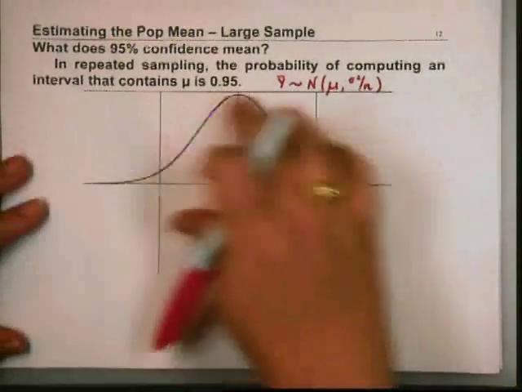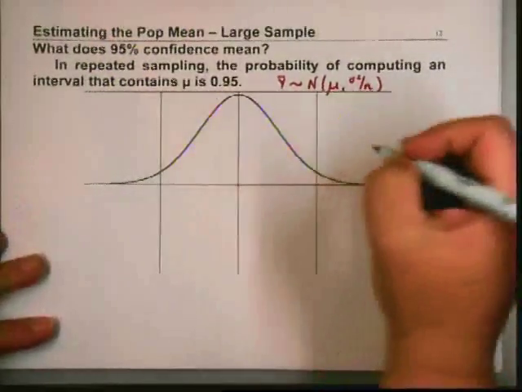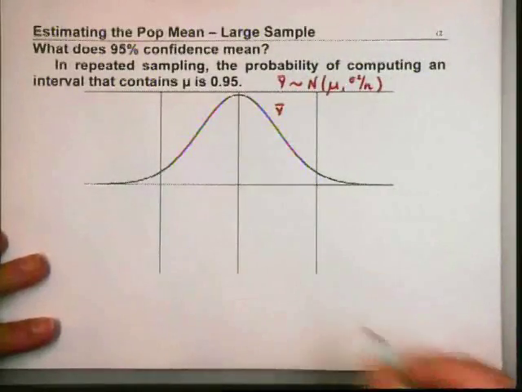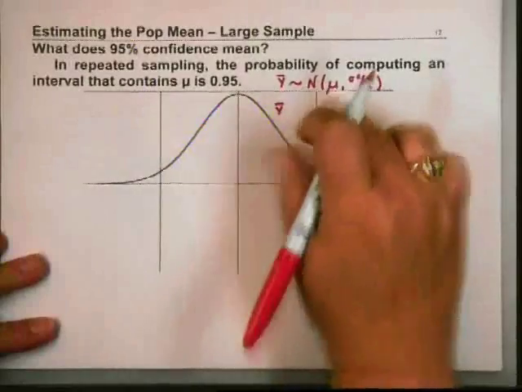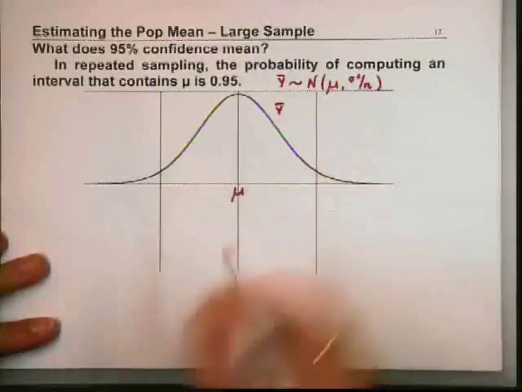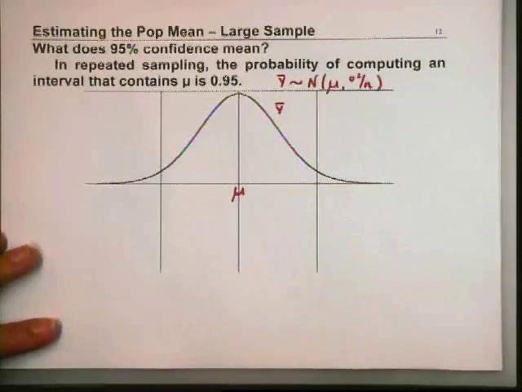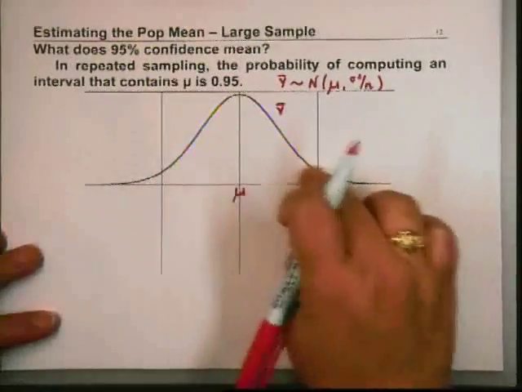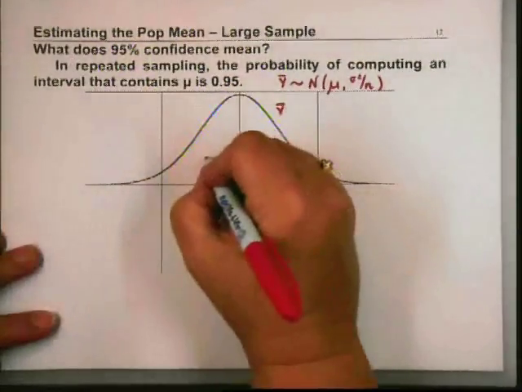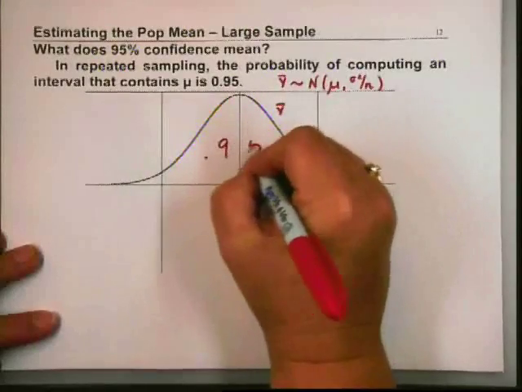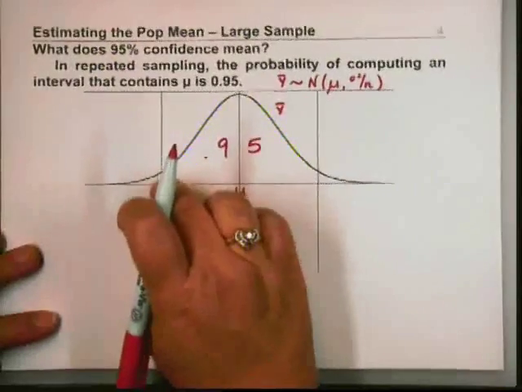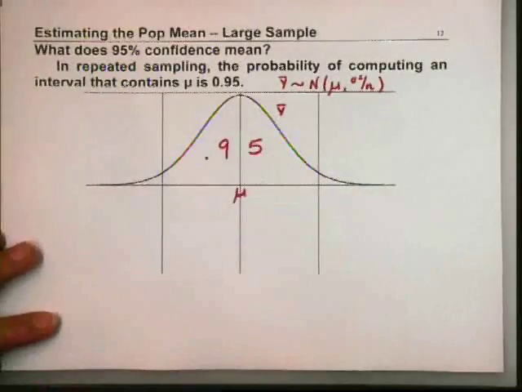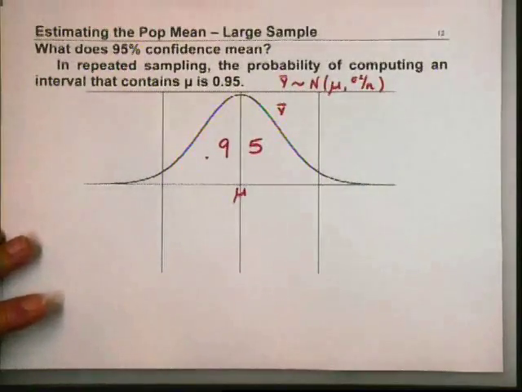Okay, so say here's our normal distribution. These are all of our possible values we could get for y bar. This normal distribution has a mean of mu that we're centered at. If I want this middle area here to be 0.95, so what I mean by a confidence interval, from this vertical bar to this vertical bar, this middle area is 0.95 or 95%.